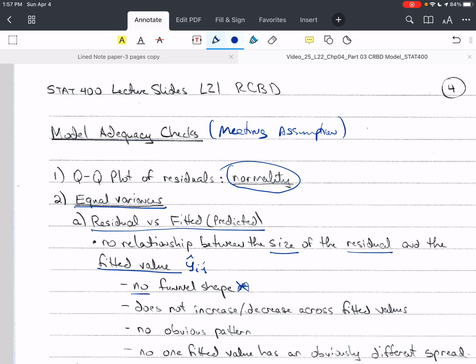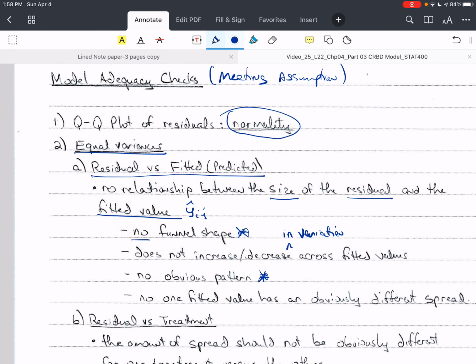We don't want to see an increase or decrease in the variation or spread across the fitted values. We don't want there to be any obvious pattern to the residuals as we go across the fitted values. And we don't want any one fitted value to have an obviously different spread or scatter or variation than the others.